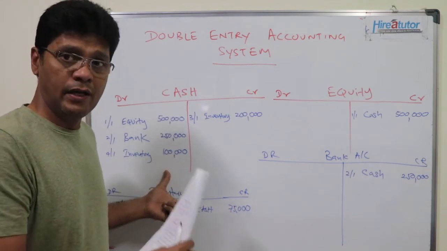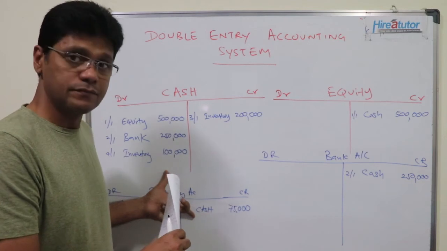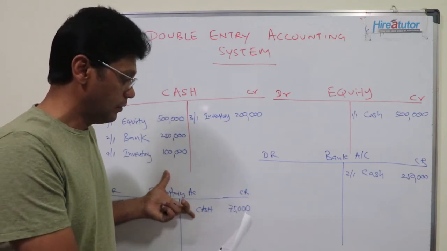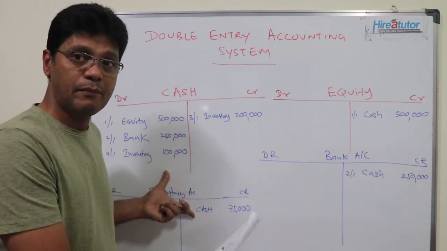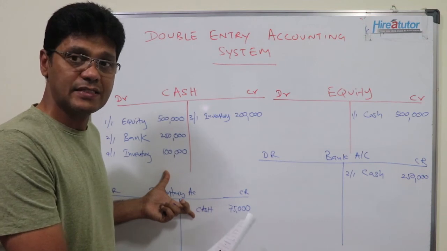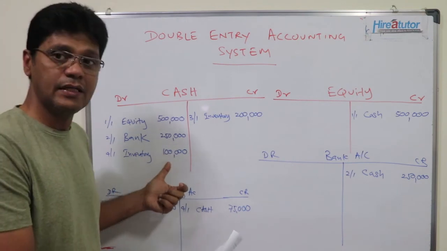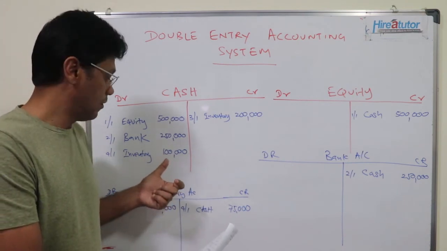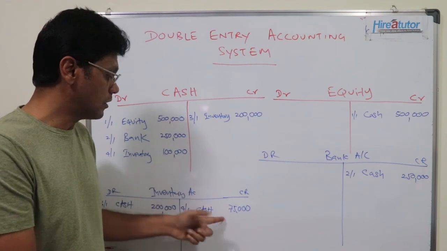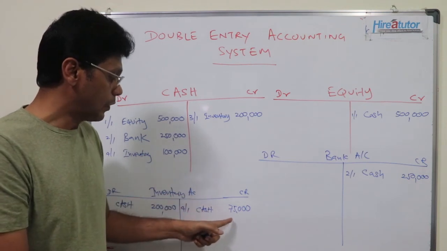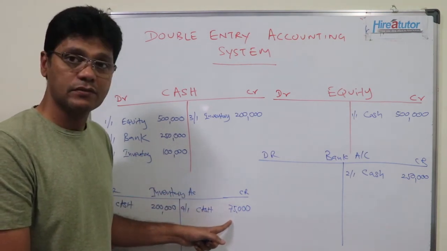Now my question is, we credited 75,000 and we debited 100,000. If you debit one account, you have to credit another account with the same amount. Now in this case, what has happened? You debited 100,000, so the debit side is over by 25,000. Why? Your credit balance is 75,000.